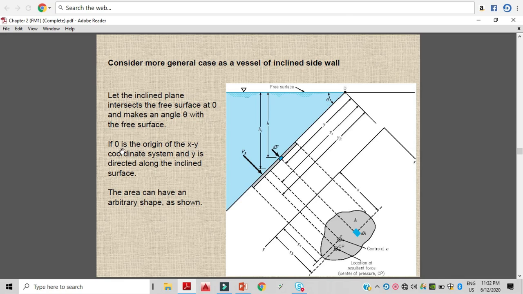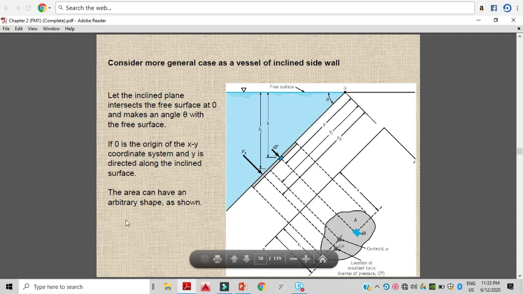If O is the origin of the x and y coordinate system and y is directed along the inclined surface, so this is our x-axis, and this is our y-axis, which is parallel to the inclined surface.